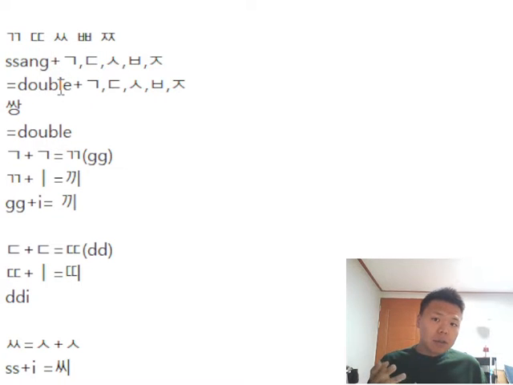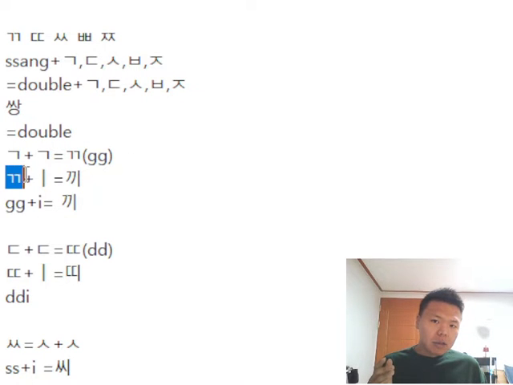So double 기역, double 디귿, double 시옷, double 비읍, double 지읒. 쌍 is double. So 기역 plus 기역 sounds like GG.